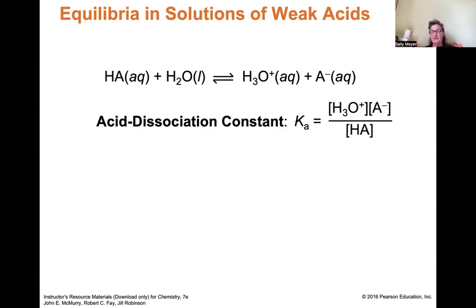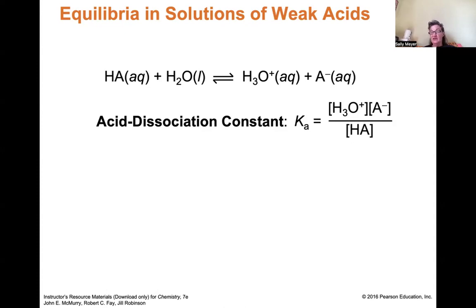If we wrote the equilibrium constant for this reaction, it would be the hydronium ion concentration times the conjugate base of my acid, divided by HA. Water is a liquid, so it wouldn't be in the equilibrium expression. So this is really just a K. We'll call it a Ka because it's for the acid dissociation of an acid. It's just a specific name of a K, just like any K that we used in the last chapter.